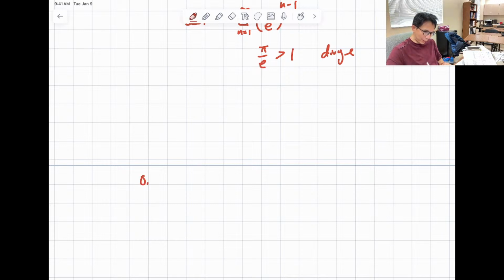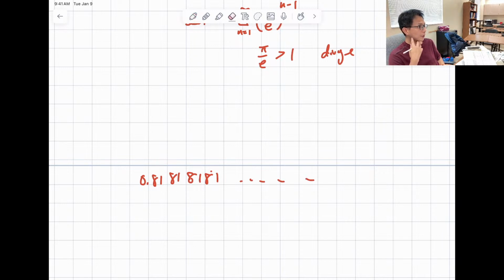So let's say it's 0.81. You have 81 over 100, then 81 over 10,000, and then 81 over a million. So this is 81, 81, 81, and it just keeps on going.